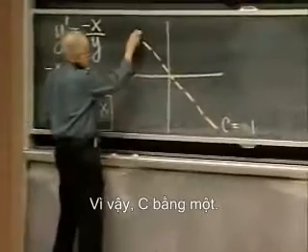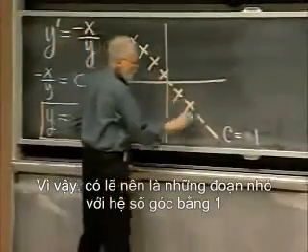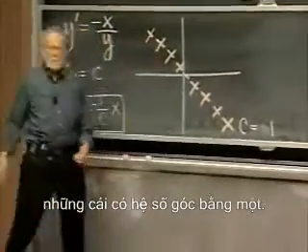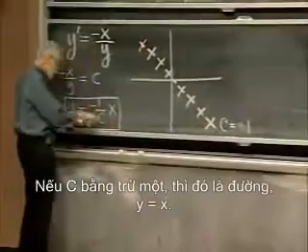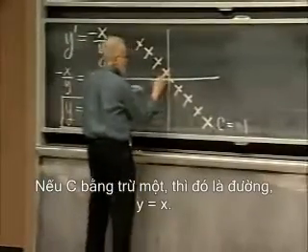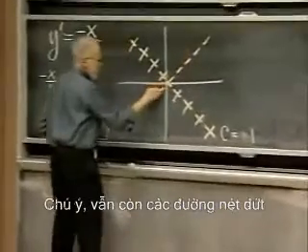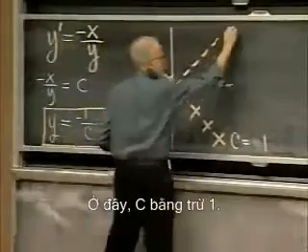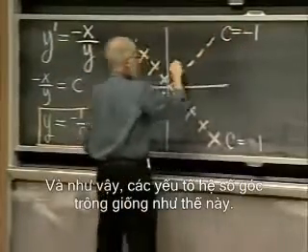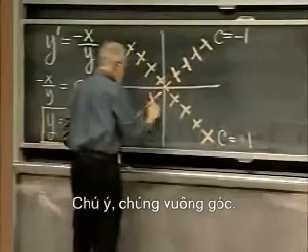So c equals 1, so the line elements will be line segments of slope 1. Okay, now how about c equals negative 1? If c equals negative 1, then it's the line y equals x. And so that's the isocline. Notice still dashed because these are isoclines. And here c is negative 1. And so the slope elements look like this. Notice they're perpendicular.